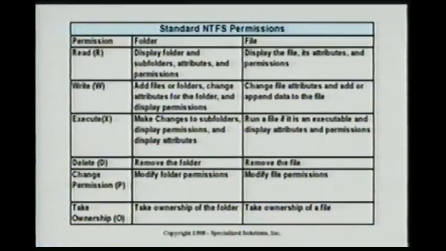On the file level, you're able to display the file, its attributes, and permissions. However, if I were to have execute permission, I'd be able to make changes to the subfolders in this folder and display permissions and attributes. On the file level, I'd be able to run a file if it's an executable and display attributes and permissions.